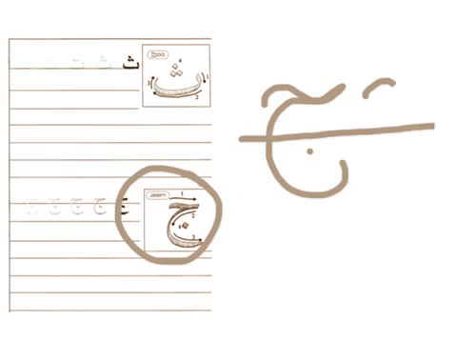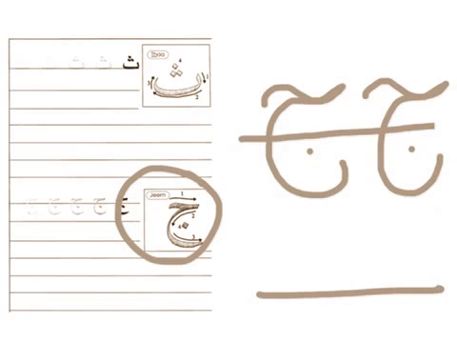Start here, go over, back around underneath the line with a point. The letter jeem. Let's try it again. Start above the line, back down around, and a point in the middle. The letter jeem. Now complete the page by writing the letter jeem.